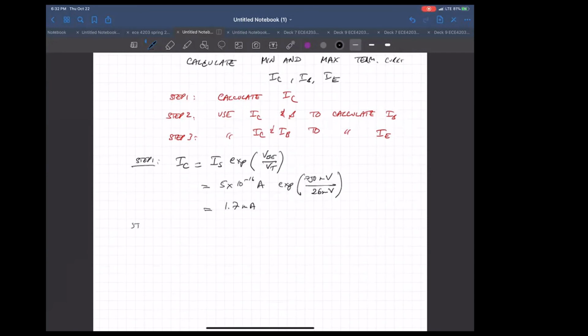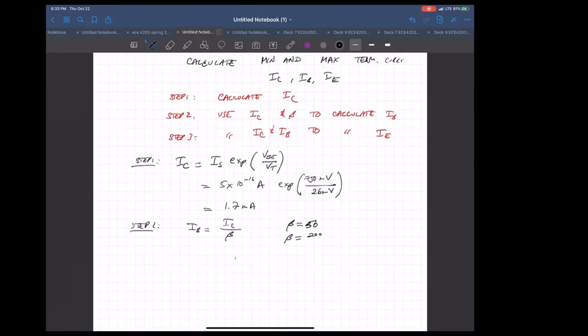Step 2, we're going to calculate I sub b, which is I sub c over beta. The high value of I sub b is for beta of 50, and the low value is for beta of 200.